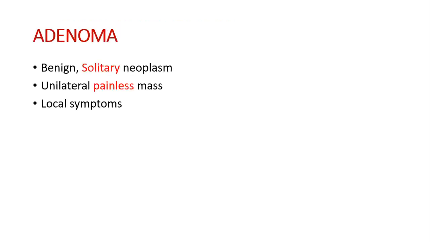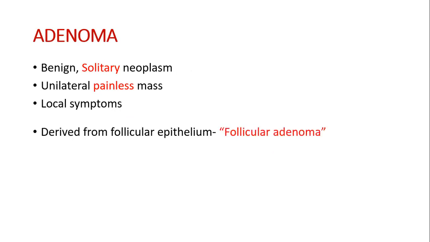The benign tumors of the thyroid gland obviously originate from follicles, and follicular neoplasms of benign nature are called adenomas. Benign ones are usually solitary painless masses with local symptoms, pressure effects on the neck. They present with hoarseness of voice or difficulty in swallowing.